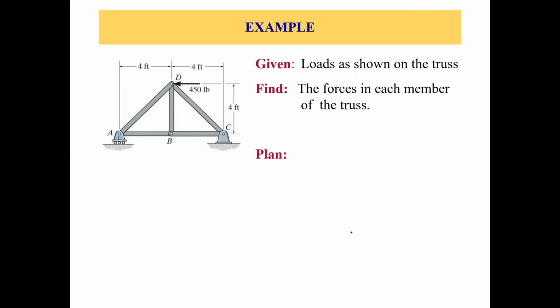Loads are as shown on the truss, and we need to find the forces in each member of the truss. The dimensions are given. We have a 450 pound load at joint D at the top, and we have two supports at joint A and joint C.